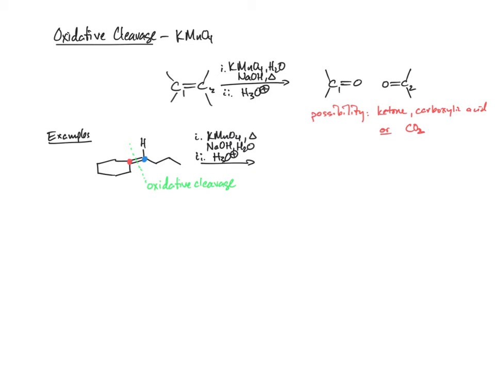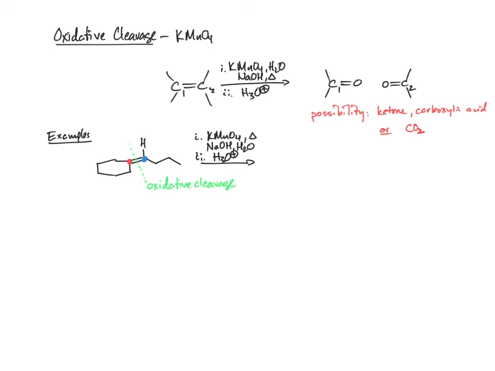Now this is where you have to pay attention about correctly predicting the products, because each carbon is becoming a carbonyl. So if we're cleaving here, this carbon is then becoming a carbonyl. You have carbon-carbon. What is the functional group from this portion?